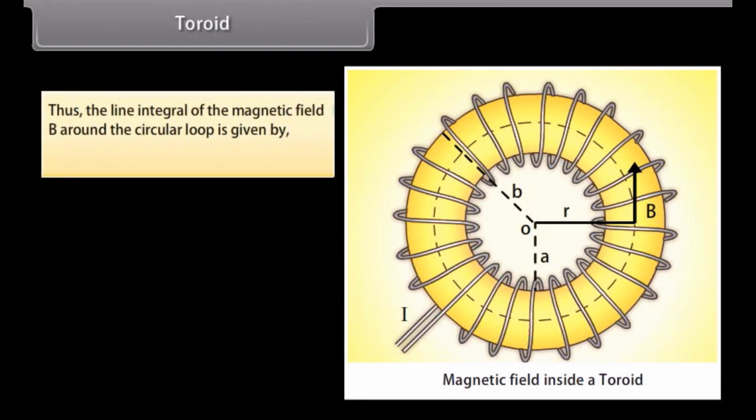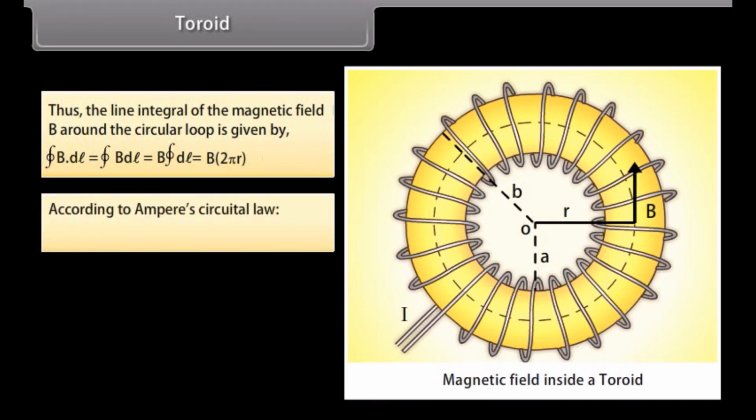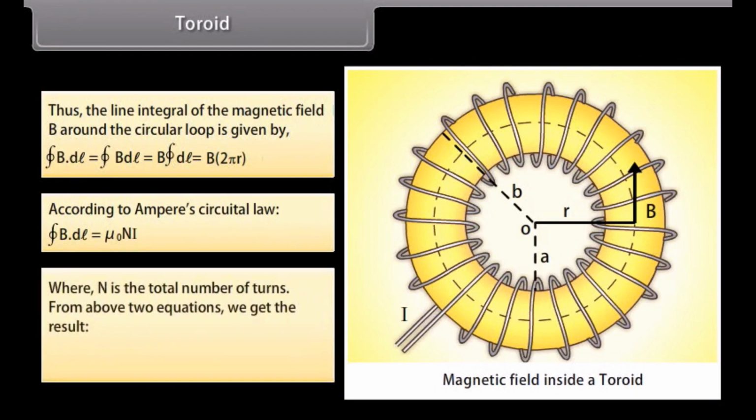Thus, the line integral of the magnetic field B around the circular loop is given by the product of B and 2 pi r. According to Ampere's Circuital law, closed integral of B dot dl is equal to mu naught N I, where N is the total number of turns.